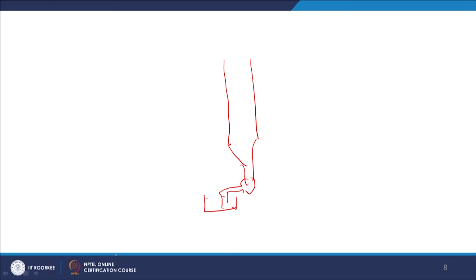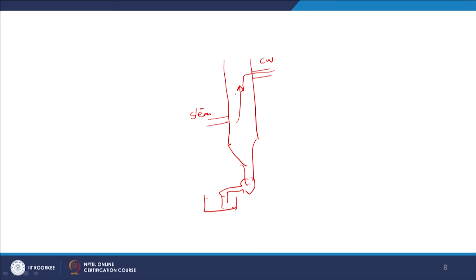And because we are talking about the counter flow type, the cooling water enters from here and steam enters from here. So, steam is entering from the bottom and it is moving in the upward direction, cooling water is coming from here, it is moving in the downward direction.